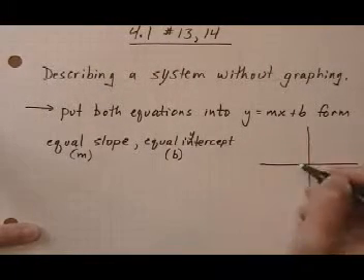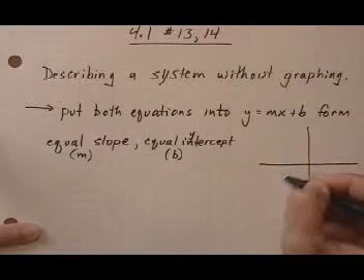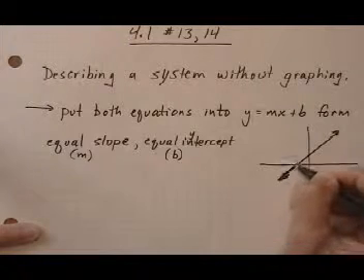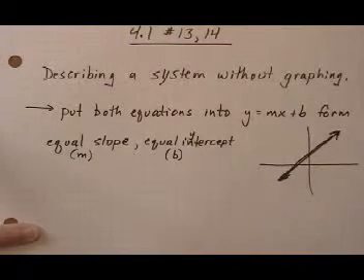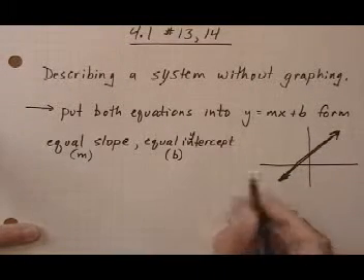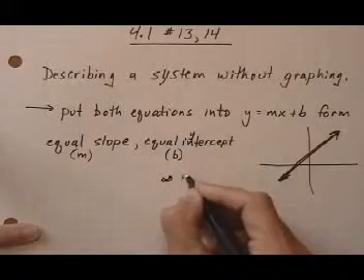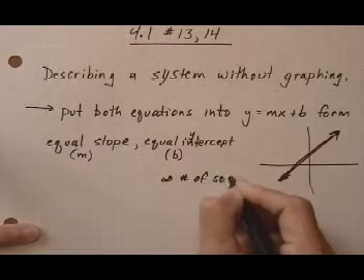So I have equal slopes, and going through the same y-intercept means I must have two lines that overlap each other. Alright, so then you have infinitely many solutions. Infinite number of solutions.